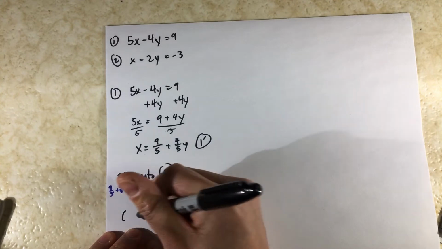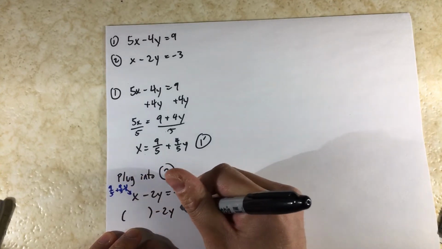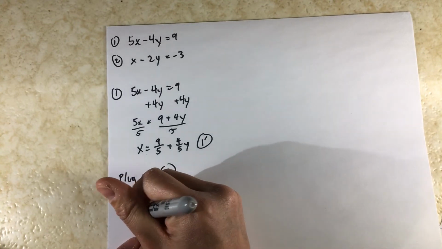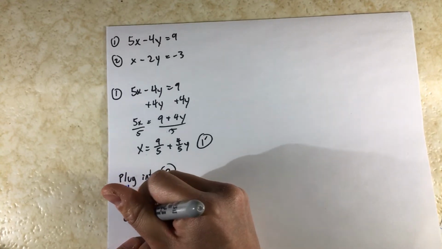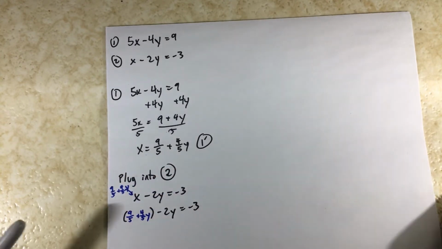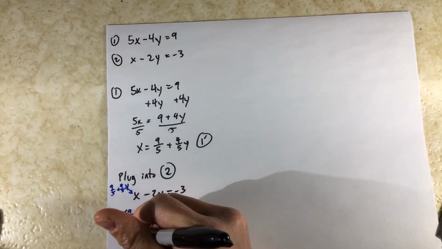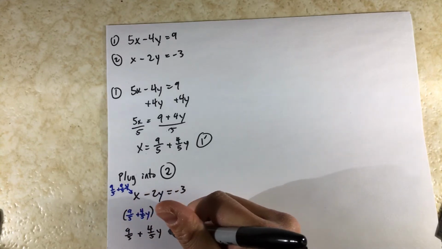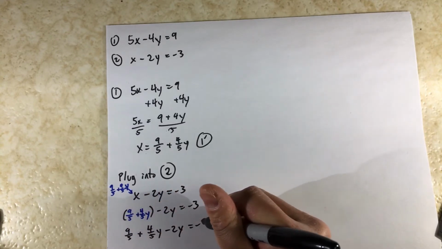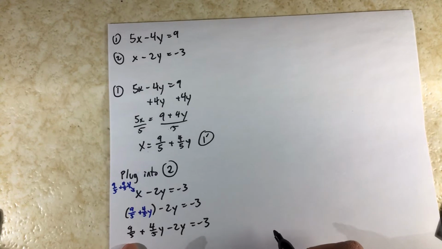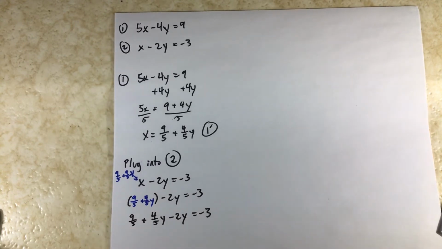So I'm going to get, I feel proud of myself that I've not messed up the colors I've chosen for this substitution. So I get 9/5 plus 4/5 y minus 2y is equal to negative 3. And I'm going to multiply every term by the least common denominator, which in this case is 5, to get rid of the 5.